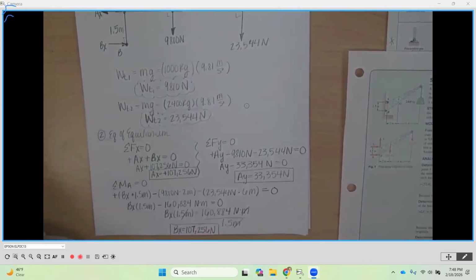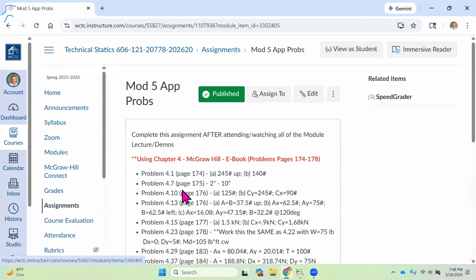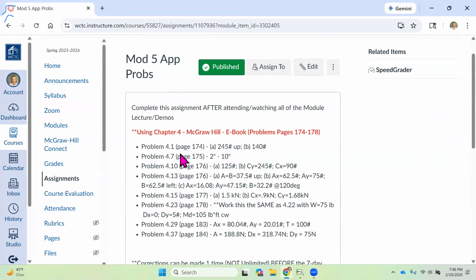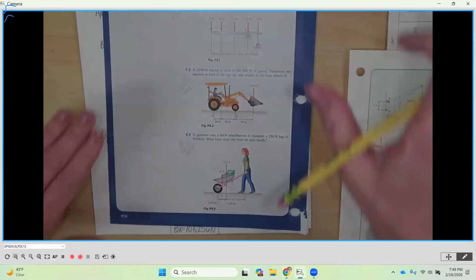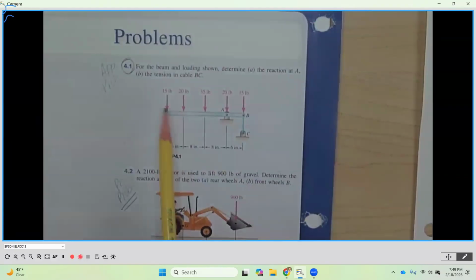All right, so let's take a peek at the application problems that you could get started on. In Module 5, the application problems start on page 174. Underneath here, I just want to write down 1, 7, 10, 13. Number 1, you'll notice that you have a set of forces acting on a beam or a rod.